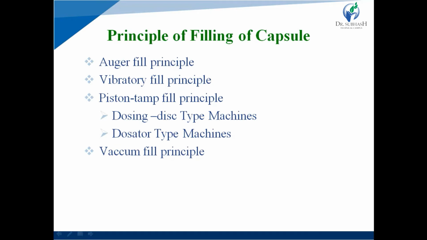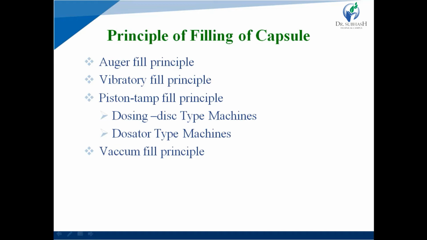Last one is the vacuum fill principle. What is the mechanism of the vacuum fill principle? The vacuum fill principle is used in the Perry Eco fill machine. This machine consists of an open-ended cylinder, and the upper end of this cylinder is fitted with a piston. The open or lower end is placed in the bulk powder.